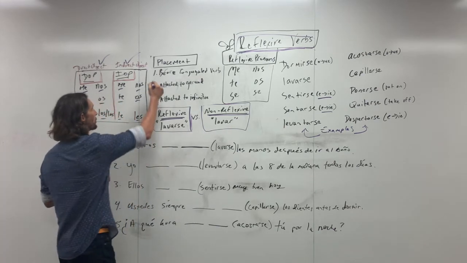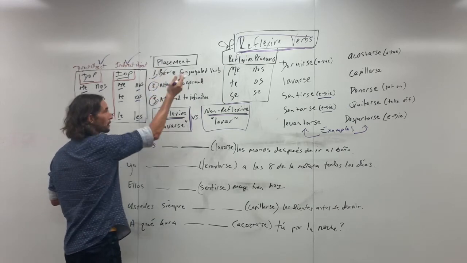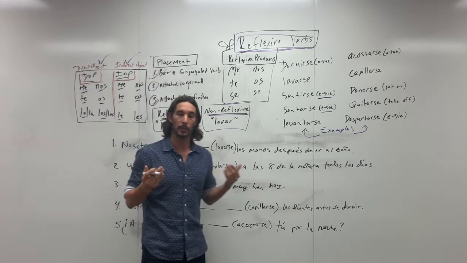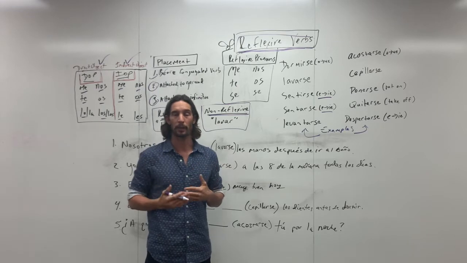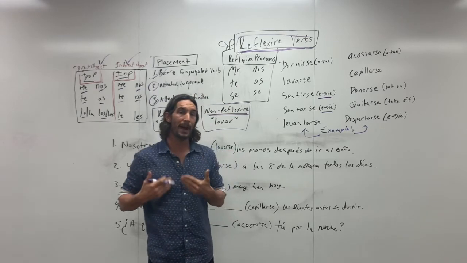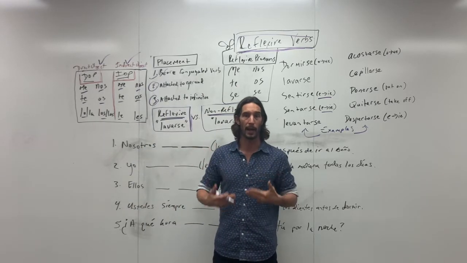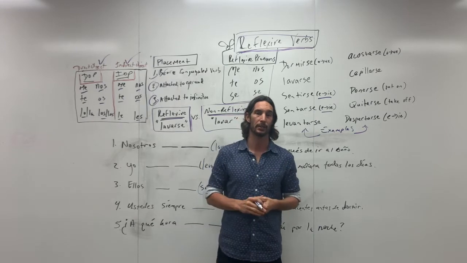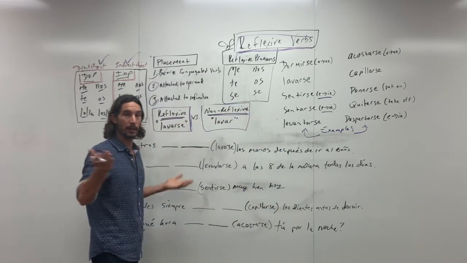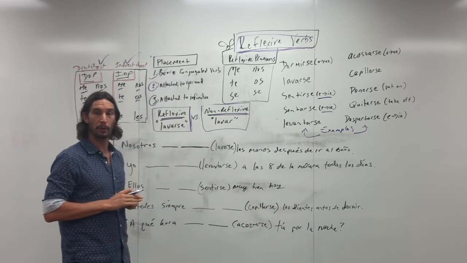Those are going to go along with reflexive verbs. Just to reiterate, because we're dealing with a reflexive pronoun, I want to remind everybody of where pronouns can go in a sentence. Because these are pronouns, they're going to follow our universal pronoun rules.